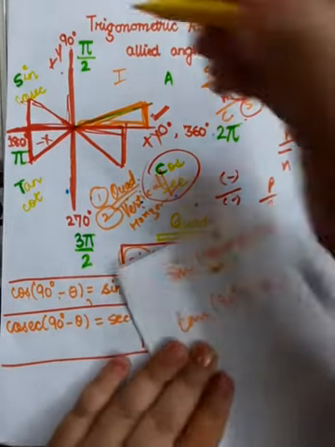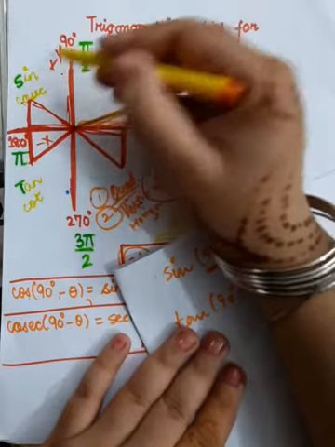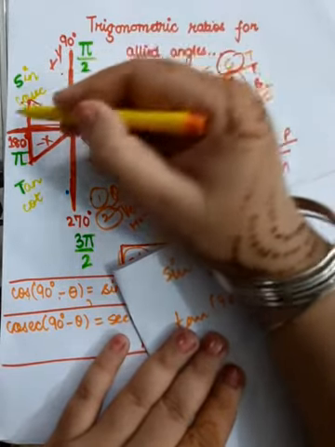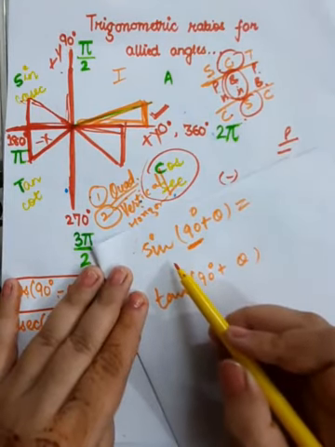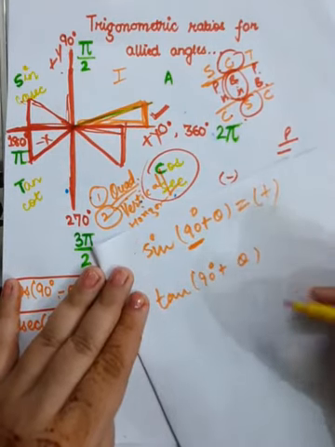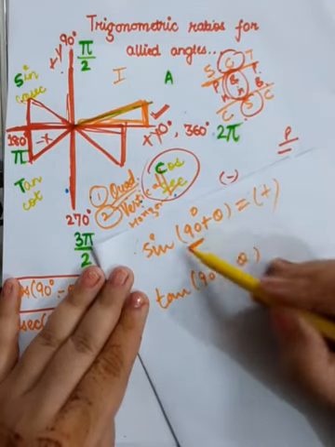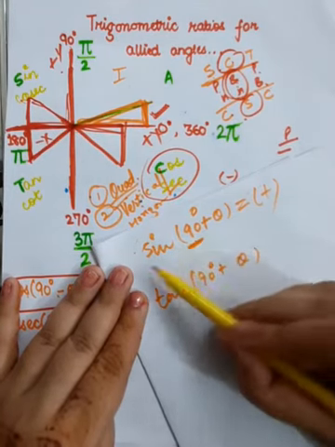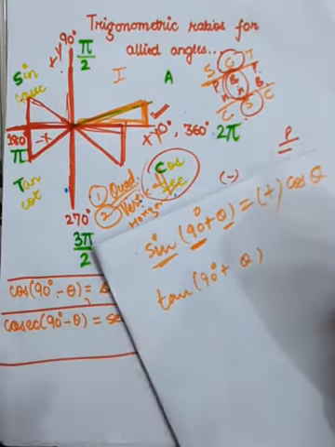So sine 90 degree plus theta. When you are moving to 90 degree plus acute angle, you are moving to the second quadrant. Is sine positive in it? Yes. So the overall result is positive. And then since it's a vertical line, sine will be changed to cos and this theta will come as it is. Fine.